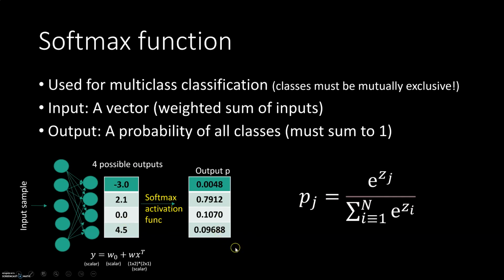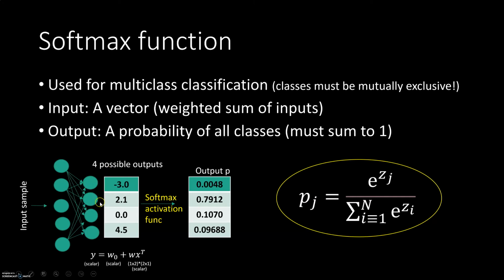However, the key difference here is, first of all, the mathematical formula used for the softmax function looks like this. Let's say the output layer contains, and it is very important to know, in this case the output layer should have 4 neurons, because we have 4 possible outputs.